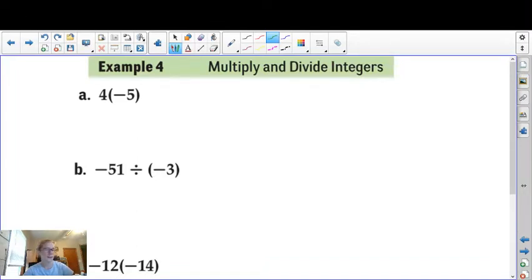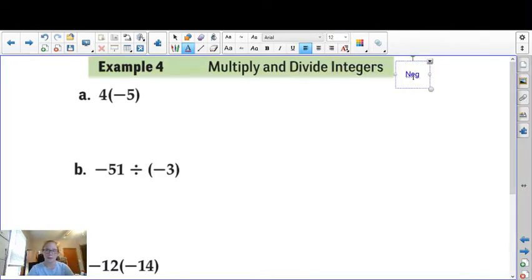All right, multiplying and dividing. I meant to leave myself space to write a note, but that didn't happen, so we're going to do it on the side. Negative times a positive equals negative.